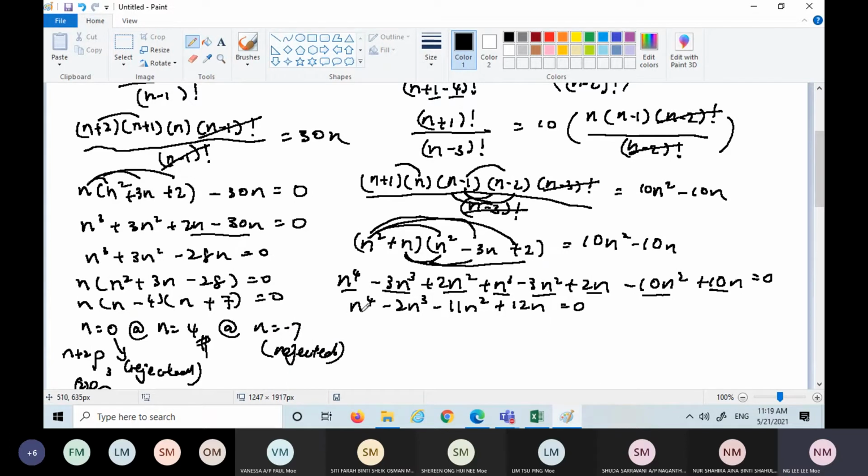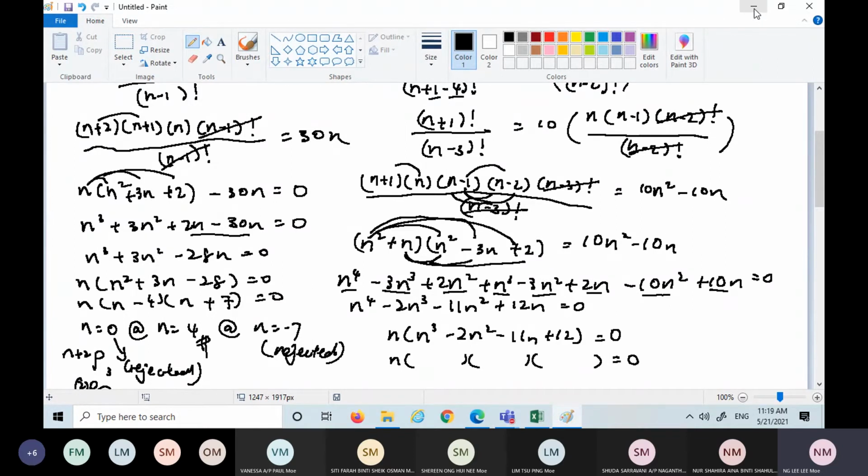Okay, all of these are terms with n, so you take out the n, so it reduces to a cubic. And then here I don't want to teach how you get this, you just use a calculator.